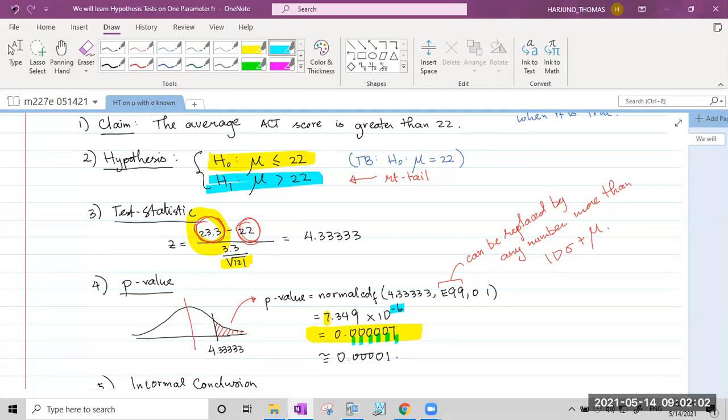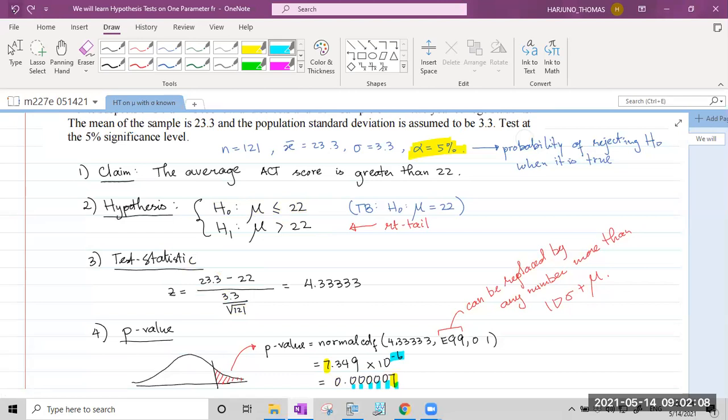So we are not saying that it is impossible to happen. We are not saying that if the population mean is 22, then it is impossible to get this sample mean. No, we are not saying that. What we are saying is that the probability is so small such that it is more likely that the population mean is already greater than 22.